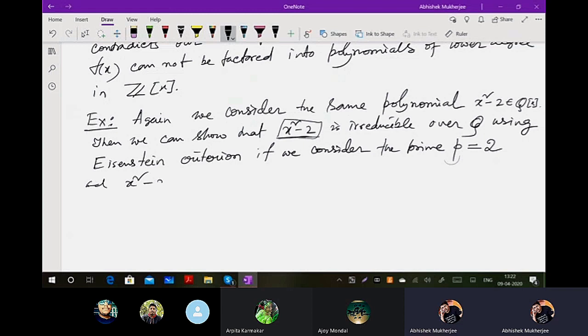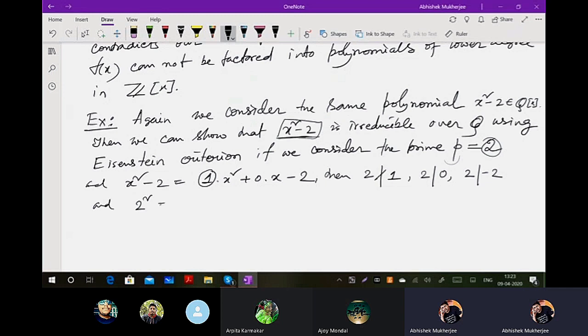And if we rewrite the polynomial as 1 dot x square plus 0 dot x minus 2, then this prime 2 will not divide 1, the leading coefficient, but it will divide 0, it will divide minus 2, and the last one is 2 square, that is p square. p square is 4, and it will not divide the constant coefficient of the polynomial, that is minus 2.